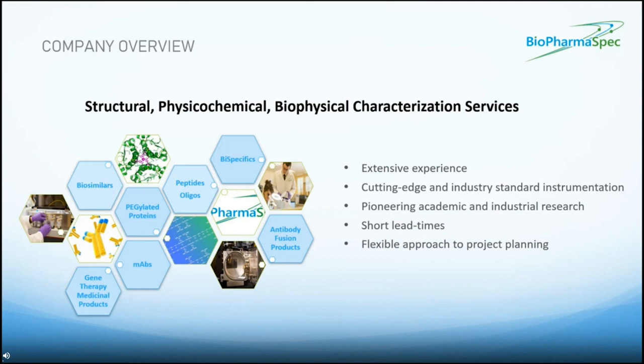As you can see on the slide, these include biosimilars, ADCs, mAbs, AAV-based therapies, and of course, product impurities. Our staff have in-depth knowledge of the instrumentation, and some of them have over 35 years of experience in some cases. And we're directly involved in pioneering the approaches for MS biopharmaceutical characterization.